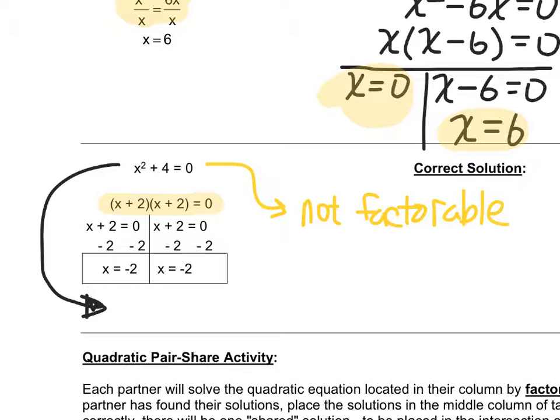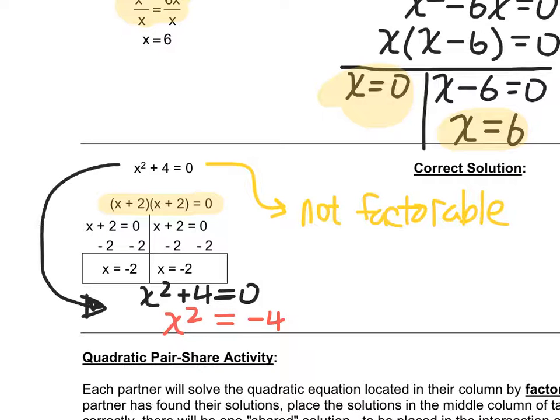If I tried to solve this by linear methods, like we did back in the first or second unit, we have x squared plus 4 equals 0. The only thing we could do algebraically is subtract 4 from both sides, in which case we get x squared equals negative 4.